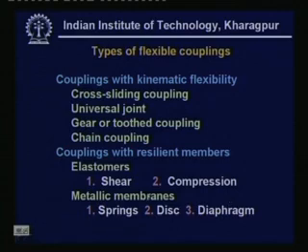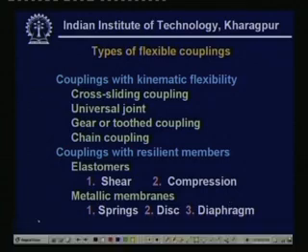Now, there are few types of flexible couplings. One is the couplings with kinematic flexibility. That is, the flexibility of the coupling is made by having some kinematic pair inserted between.